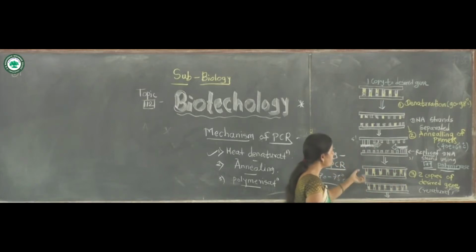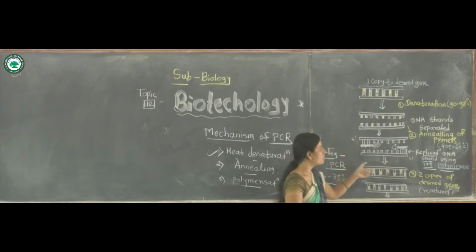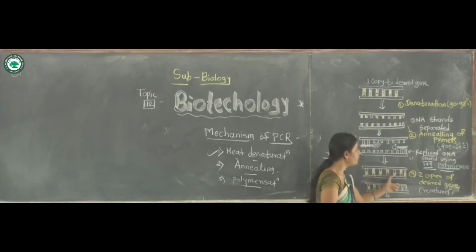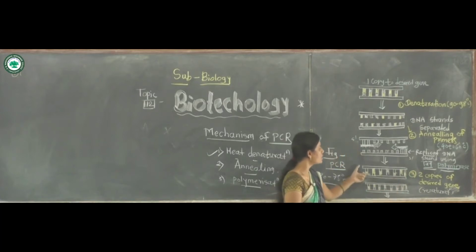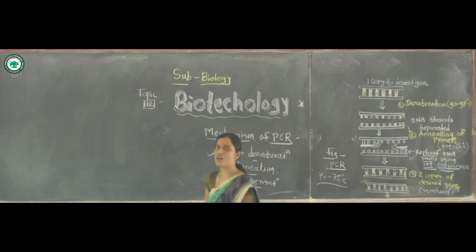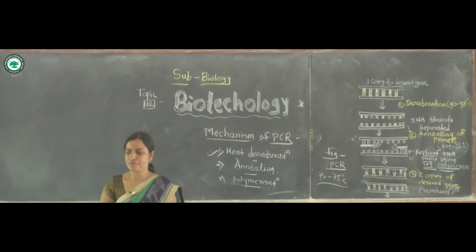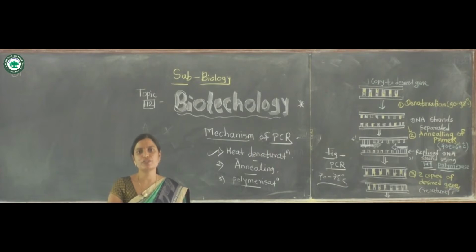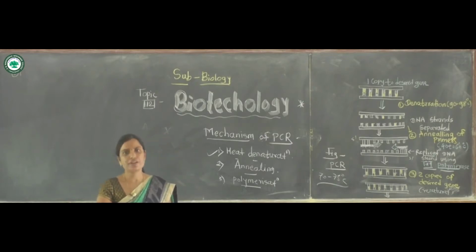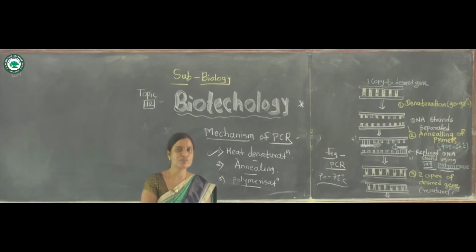These two strands get separated, and replication of DNA occurs using the Taq polymerase enzyme, and the nitrogen bases appear in these strands. The last step is polymerization, or extension, and this extension takes place within about 2 minutes. The duration of this step is very short, and the Taq polymerase enzyme is the most important in it.